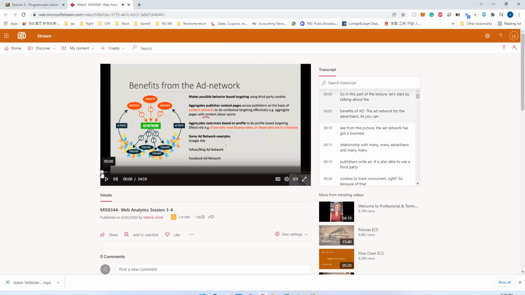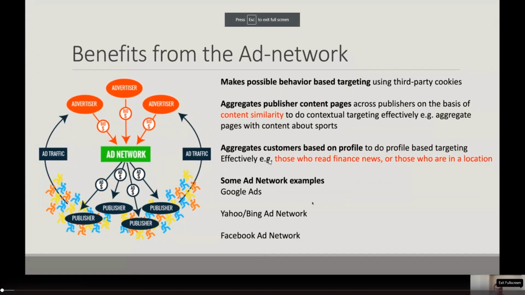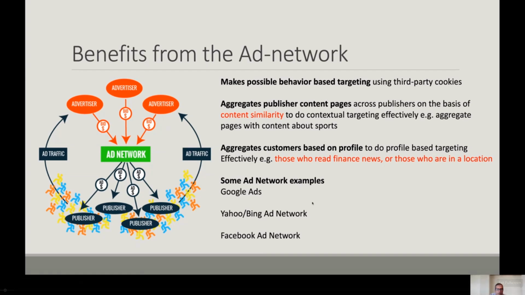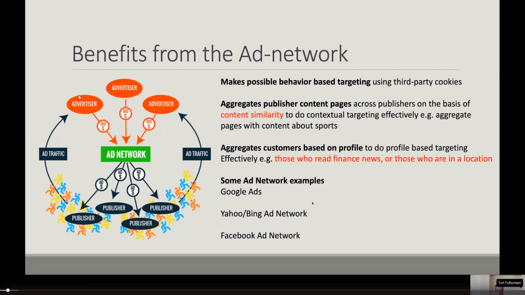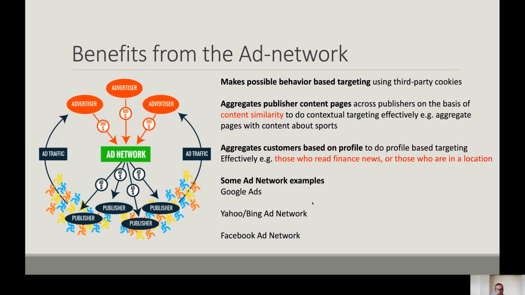So in this part of the lecture, let's start by talking about the benefits of the ad network for the advertisers. As you can see from the picture, the ad network has a business relationship with many advertisers and many publishers, right? And it is also able to use third-party cookies to track consumers, right?